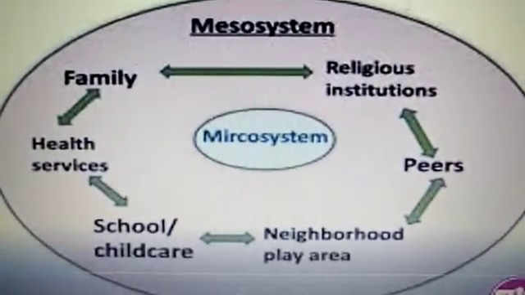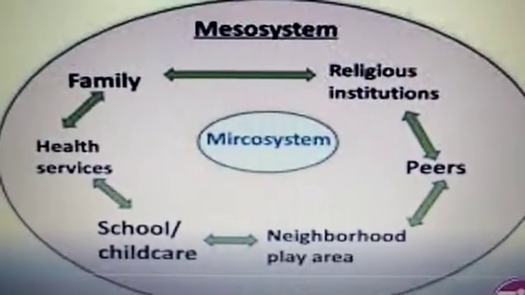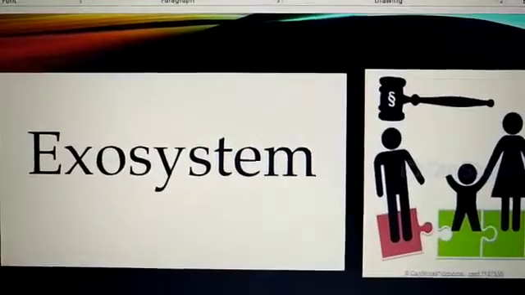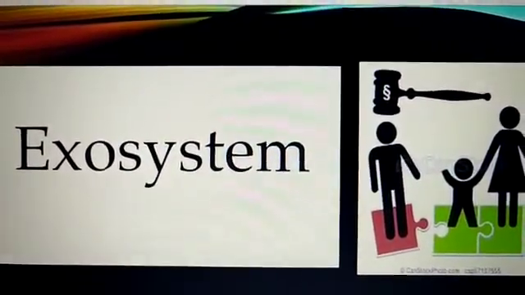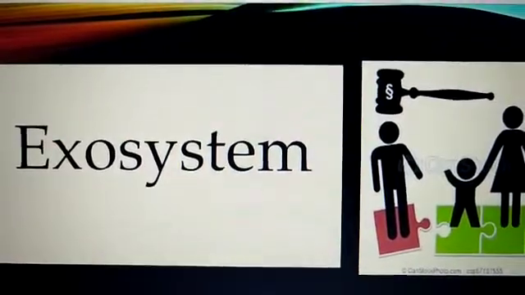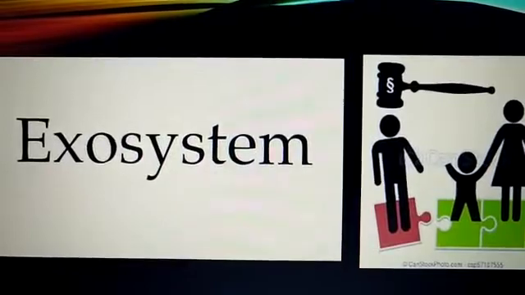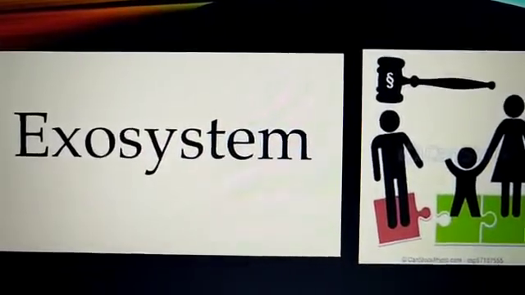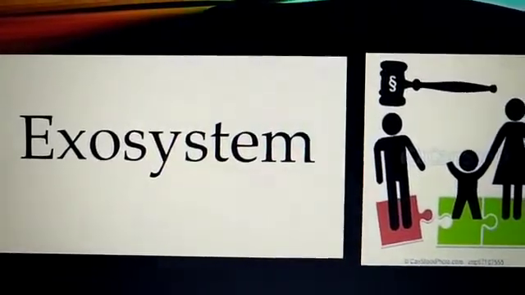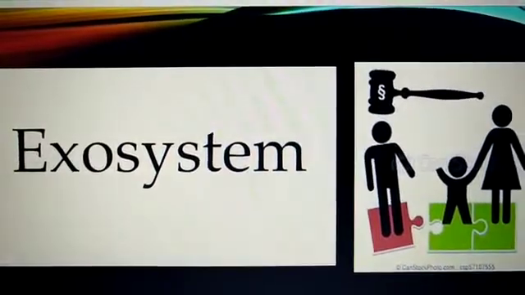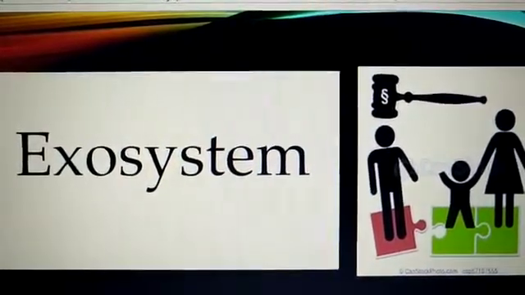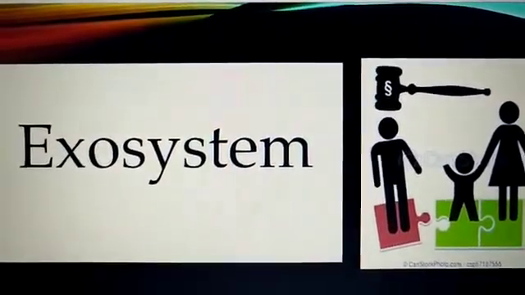Now, another type of system, known as the exosystem, includes events in the social settings in which the child does not participate directly, but which influence the child's experiences in the immediate context. The child does not participate directly, but is affected by those with whom he lives, like parents.